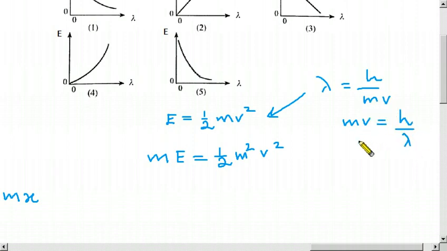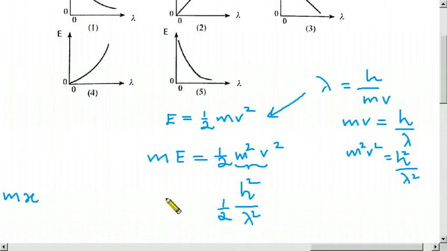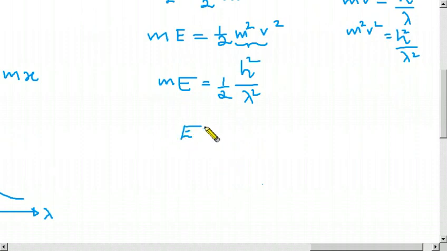Here we isolate the mv term, then take the square of both sides. Then we get h squared divided by lambda squared, half times m, equals E. So isolate E: E equals h squared over 2m times lambda squared.